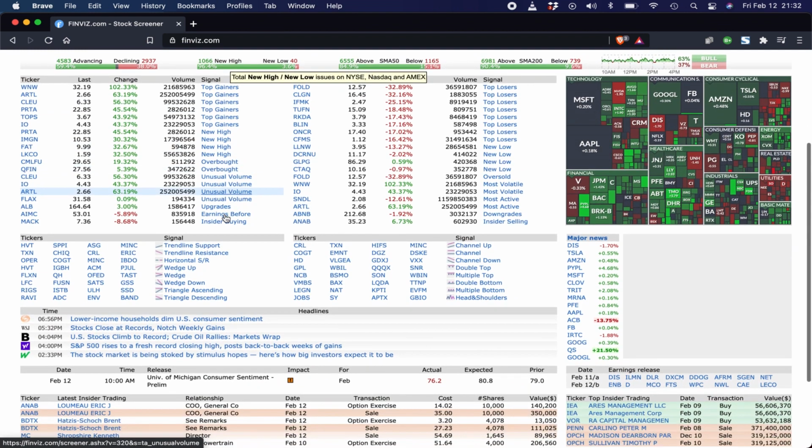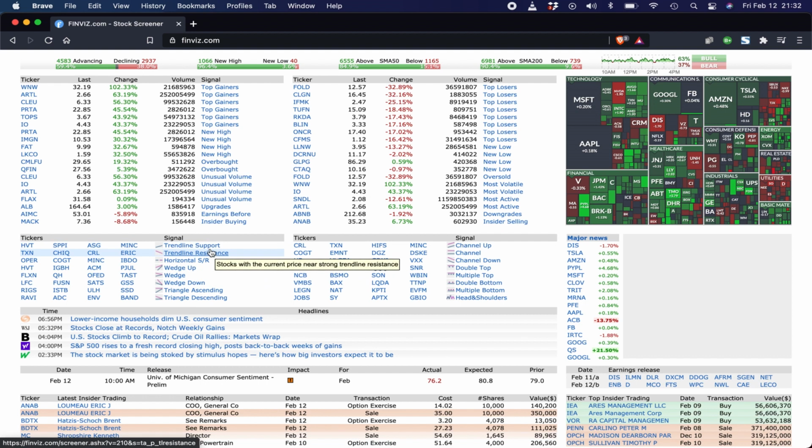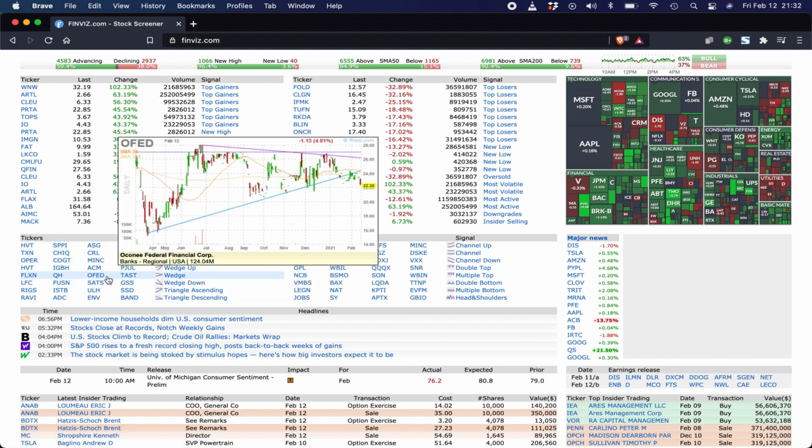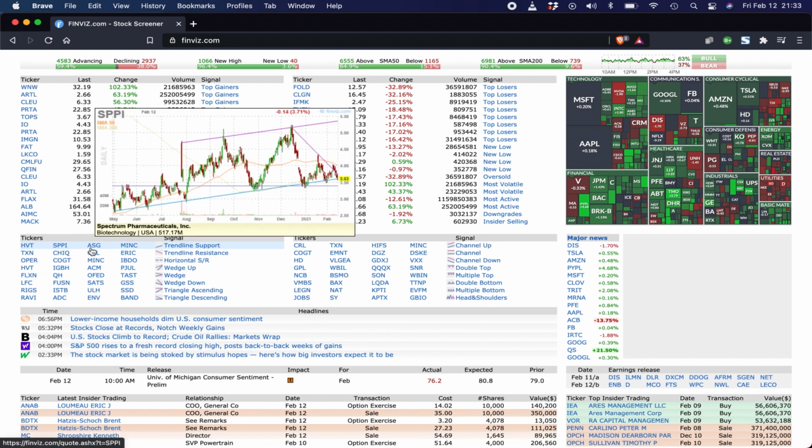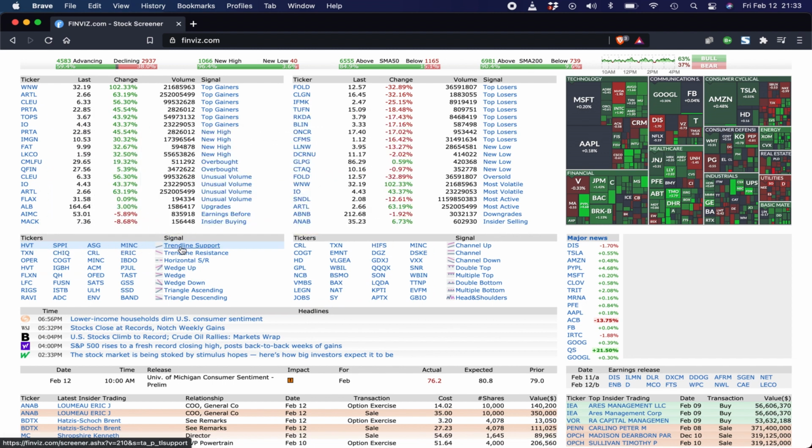Now, once you get into the website, you can see signal here. So you see trend line support, trend line resistance, horizontal support resistance, and then you see all these tickers associated with those particular signals. Now let's say trend line support, these are the stocks with the current price near the strong trend line support.